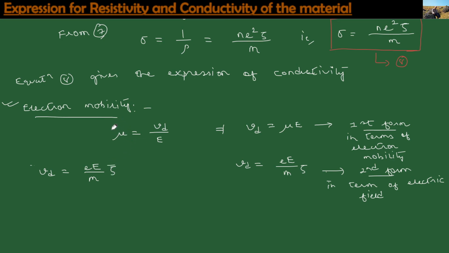By definition, mu is equal to Vd divided by E. If we cross multiply this E, we get Vd divided by E, and we are left with the expression E tau divided by m. And what is this expression? This is the expression for mobility. Mobility will be equal to E tau by m.